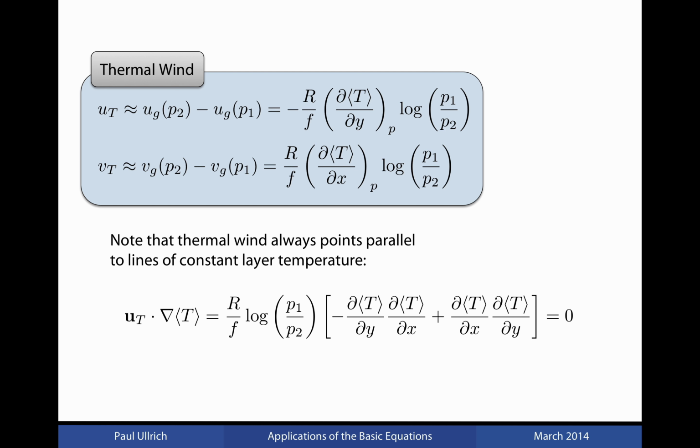So if we find that this dot product is equal to 0, that means that the two vectors must be perpendicular to one another. And in fact, we obtain that that is the case through some pretty direct application of calculus. Here we observe that the terms in the square brackets cancel each other directly, and so we get that this expression must be equal to 0.